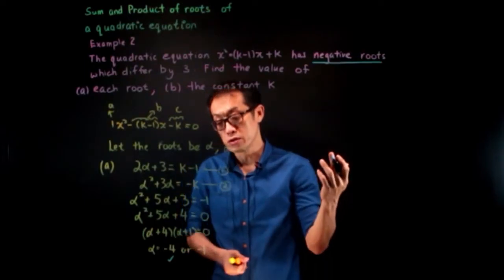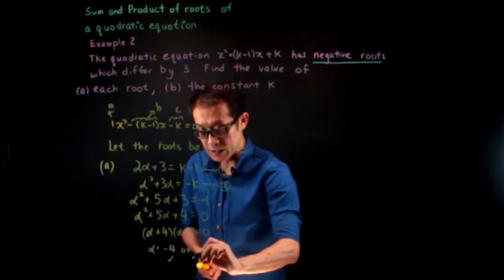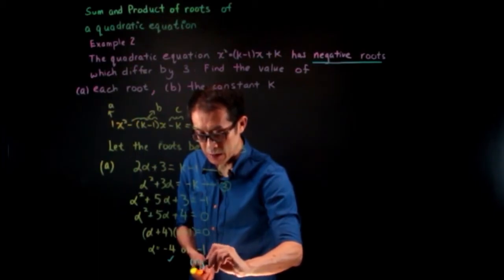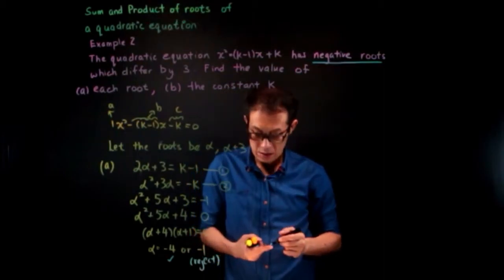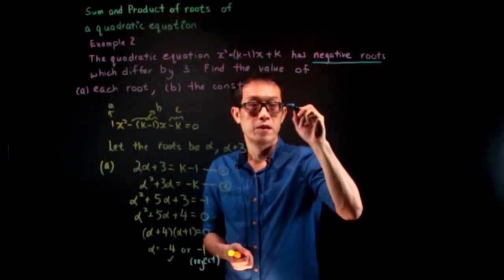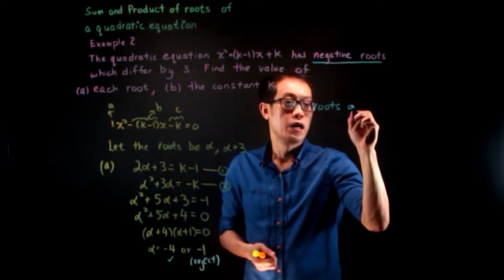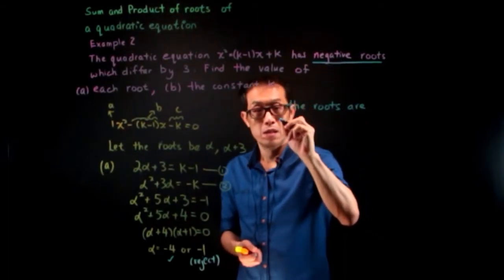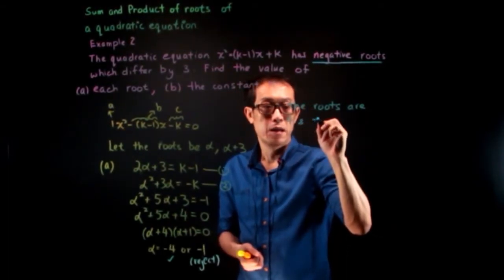Minus 1 plus 3 is 2. So the other root is 2, so it cannot be. So we reject this solution. Therefore the roots are minus 4 and minus 1.